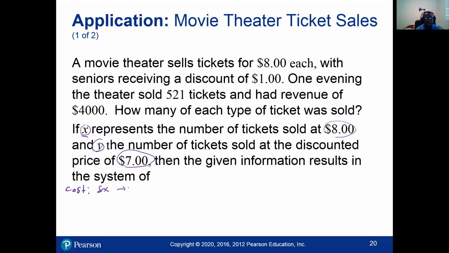This is for the non-discounted tickets. And then the cost for discounted tickets, for seniors who pay $1 less, that's $7. That is going to be 7y, because there are y number of those tickets sold. So this is for discounted tickets.